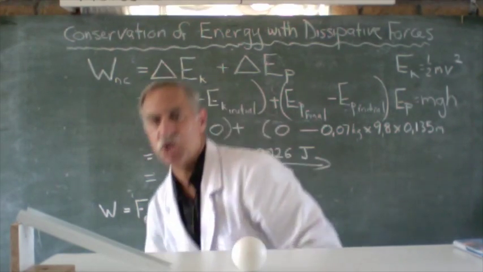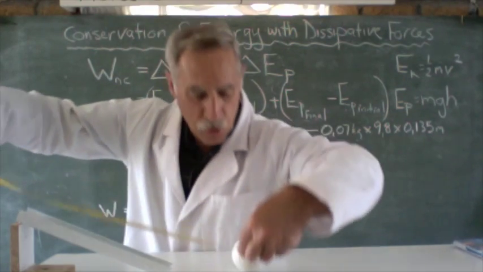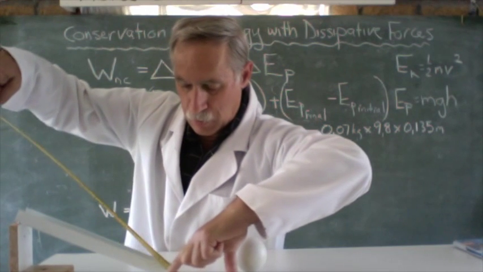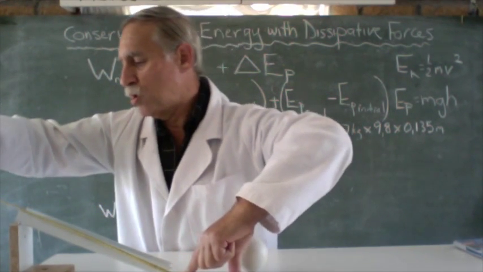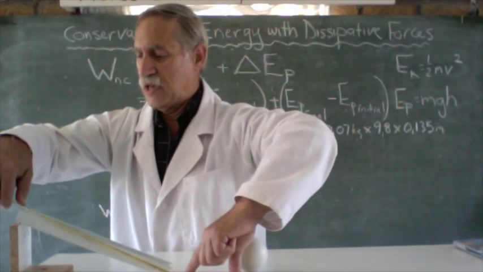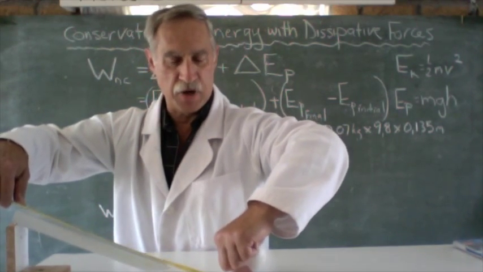Let's measure the displacement of the ball. So we dropped it from the top there and it rolled 0.47 meters to here, from the top to here at the bottom.